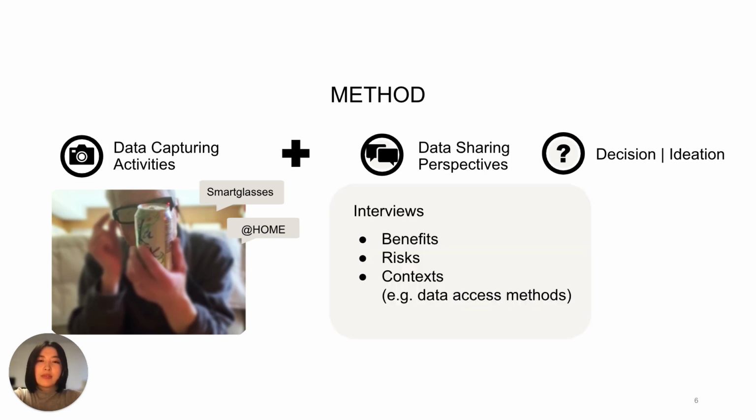We conducted a follow-up interview where participants reflected with and without probing scenarios on various factors that influence their decision to share their study data. They reacted to benefits, risks, and other contexts such as data access methods, helping us surface their motivations and concerns relating to data sharing.